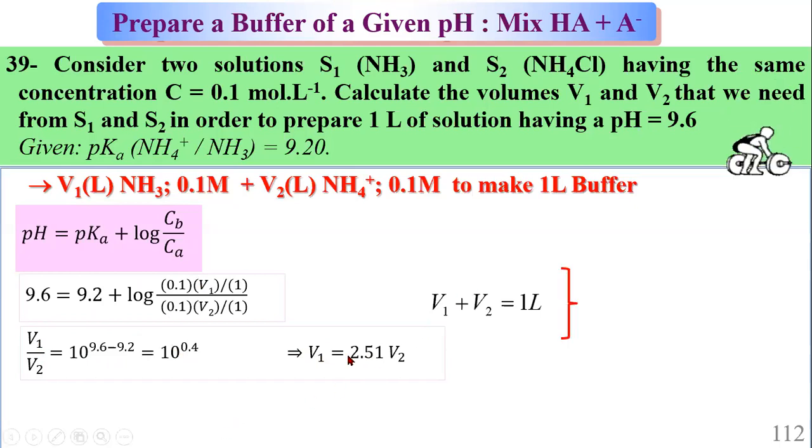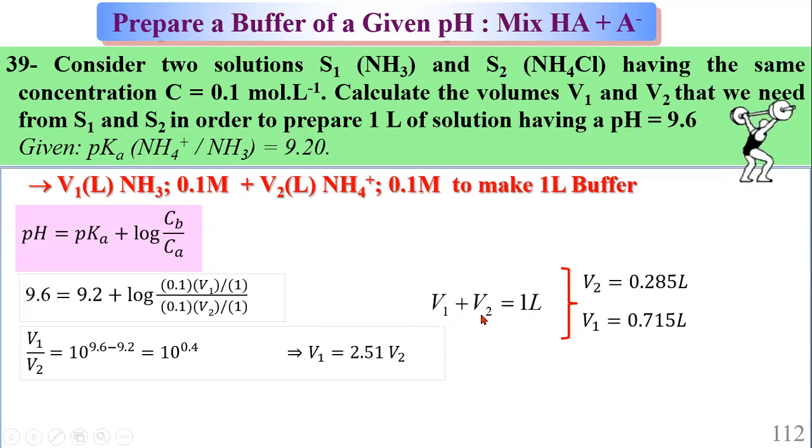Solve, these are two equations and two unknowns. So let's say in here, instead of V1, I put 2.51 V2, solve for V2, and then get the V1 and V2, okay? Not that difficult to do, and these volumes are in liters, okay? We kept these volumes in liters.